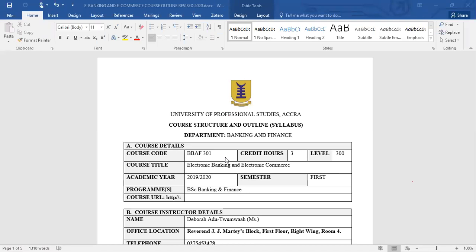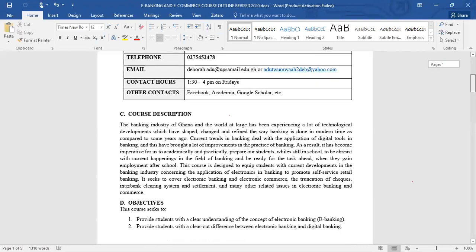If you needed to access your bank account, you had to go to your specific branch. If you opened a bank account with EcoBank and your branch was Osu, 20 years ago you had to go to the same branch every day before you could have access to your bank account.